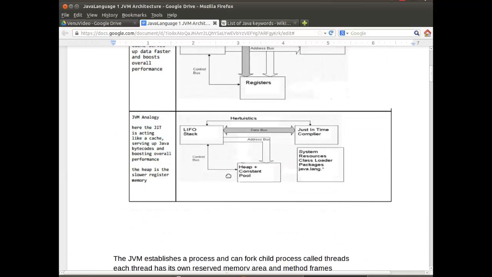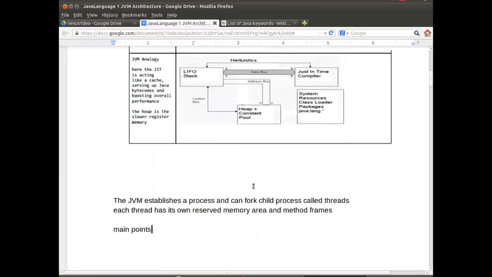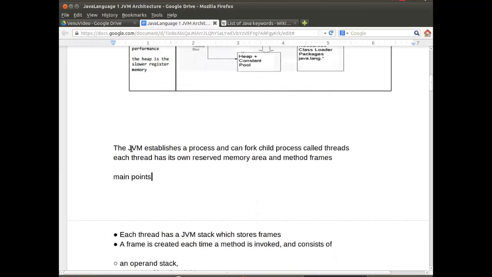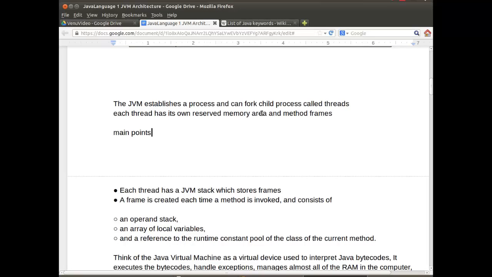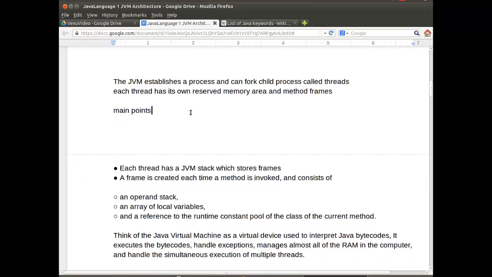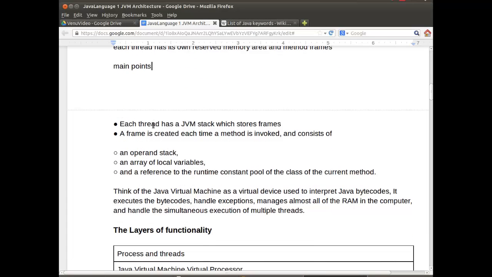So in the main memory there will be a portion reserved for each thread the parent Java virtual machine process creates. And it has its own memory area, but it has more than this, and so we'll go through the main points. Each child process or thread created by the Java virtual machine has its own stack, and these stacks can store a special construct called a frame.